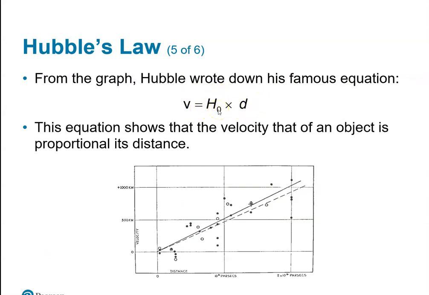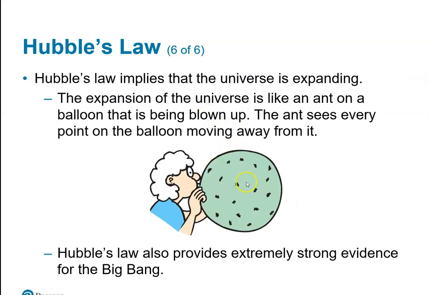And yet Hubble never won a Nobel Prize for this. He certainly should have, but he passed away before this was fully accepted by the scientific community. But by the 1960s, there was just absolutely clear evidence that Hubble was right, that the universe is expanding, and we're gonna look at that evidence right now.